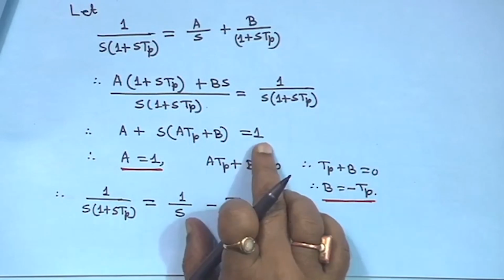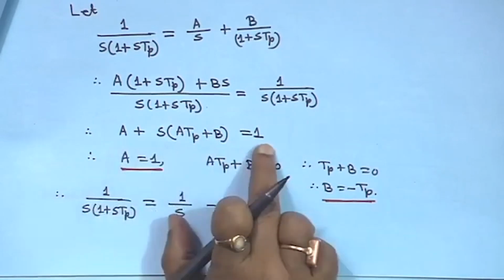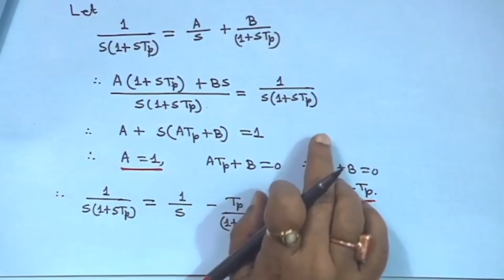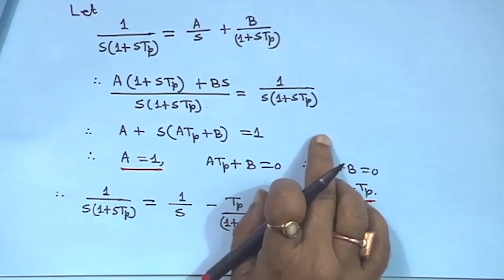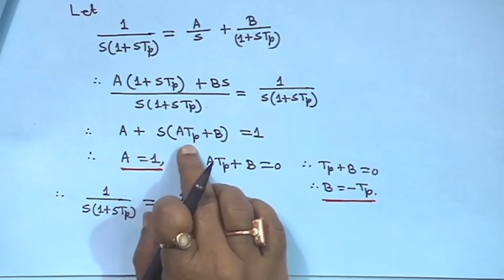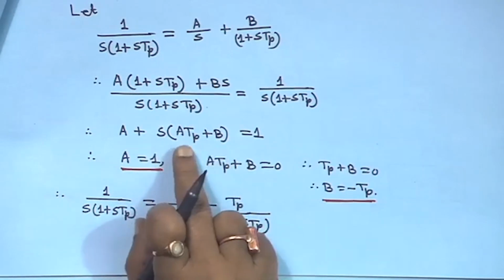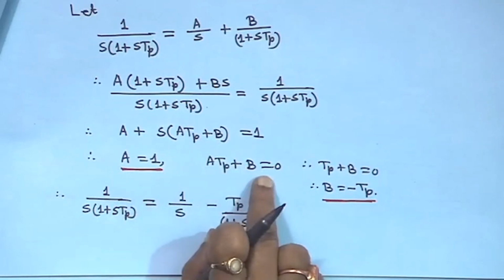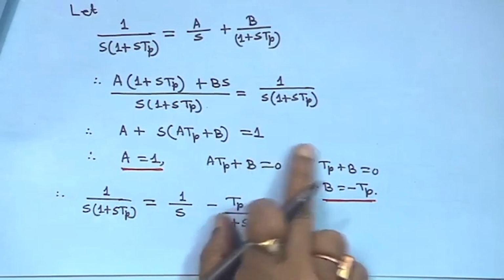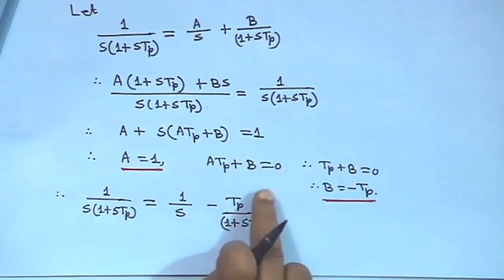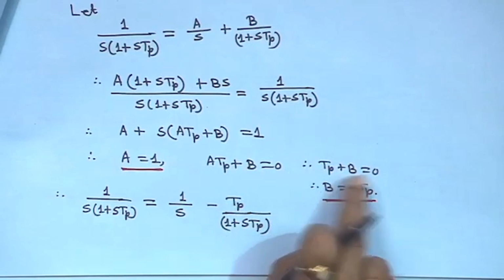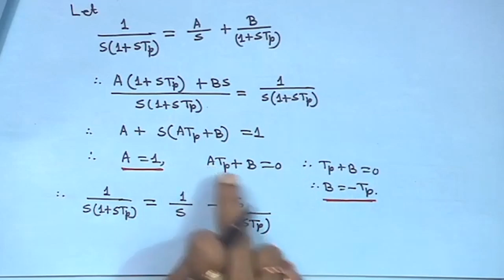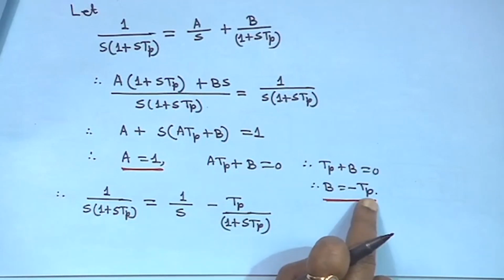So we will compare the coefficients. Comparing the constant coefficient, A is equal to 1, and there is no s coefficient on the right, that means it is 0. So ATp plus B is equal to 0, because we are comparing an identity. Putting A equal to 1, Tp plus B is equal to 0, so B is equal to minus Tp.